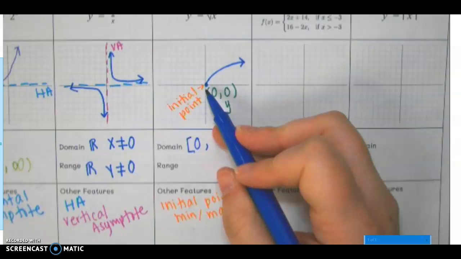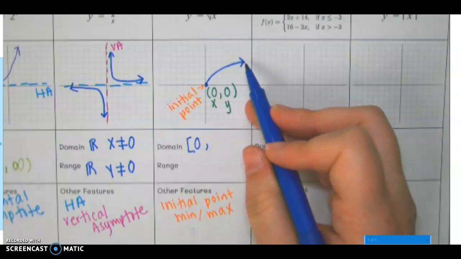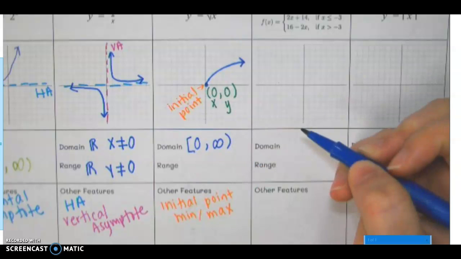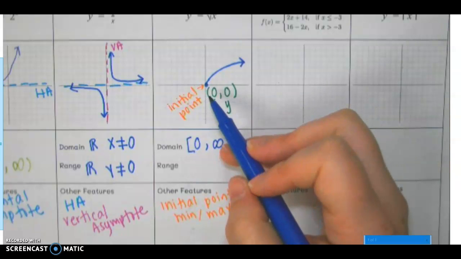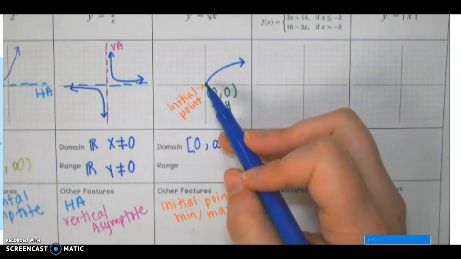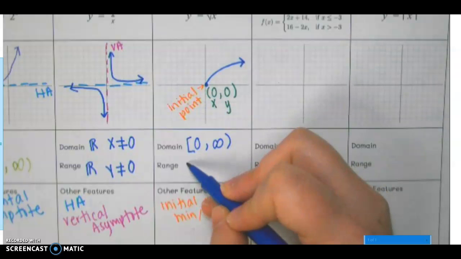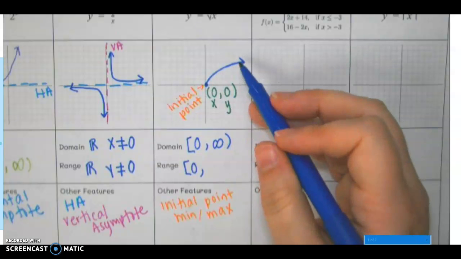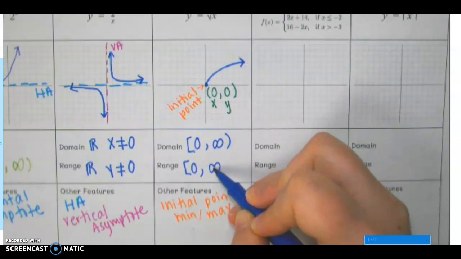A bracket because that's an actual point there, and it does go forever and ever to the right. All right, and then the range is going to be the same because that point is the minimum. The y number for that point is 0. There's an actual point there, so it gets a bracket, and then the arrow is going to curve up.